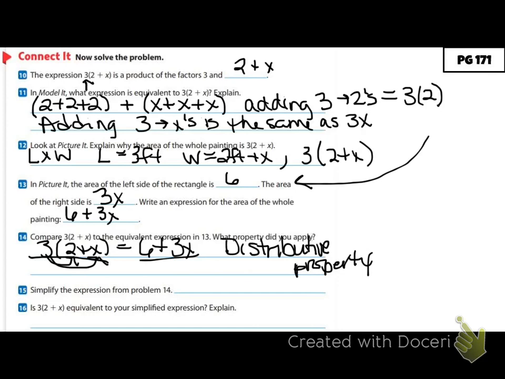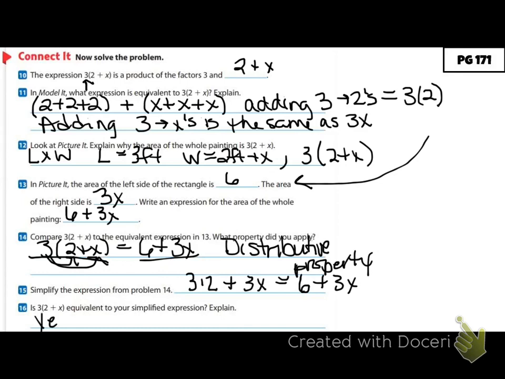So with number 15, we kind of actually worked it ahead earlier, and we simplified the expression from problem 14. Well, we knew that we took 3 times 2 plus 3 times x, and that's what gave us our 6 plus 3x. So we kind of did that ahead of time up with number 11. 16, is 3 times (2 plus x) equivalent to your simplified expression?